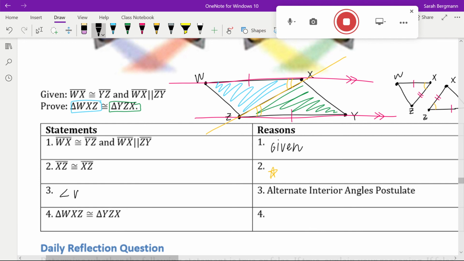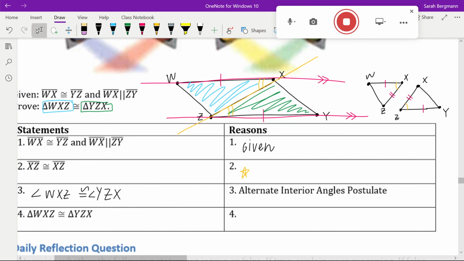So it would be angle WXZ must be congruent to angle YZX. You'll want to go in order based on what is corresponding. Finally, we can say the triangles are congruent by the side angle side congruence postulate.